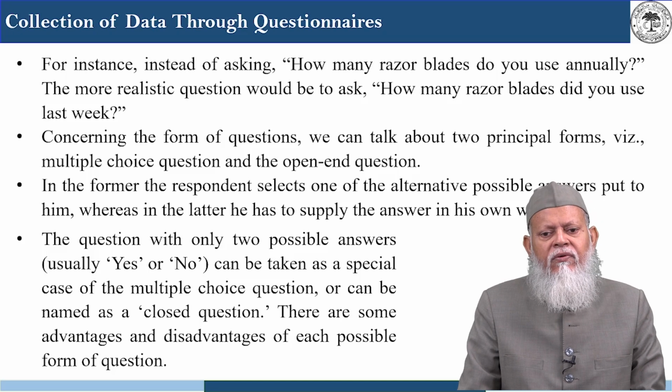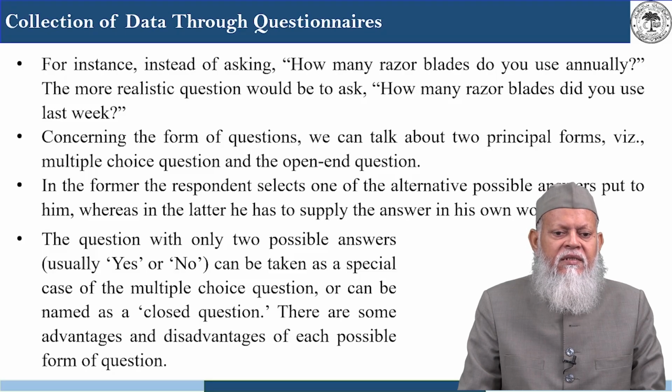Concerning the form of questions, we have two principal forms: multiple choice questions and open-end questions. In the multiple choice questions, the respondent selects one of the alternative possible answers put to him, whereas in the latter, he has to supply the answer in his own words that we have already discussed.